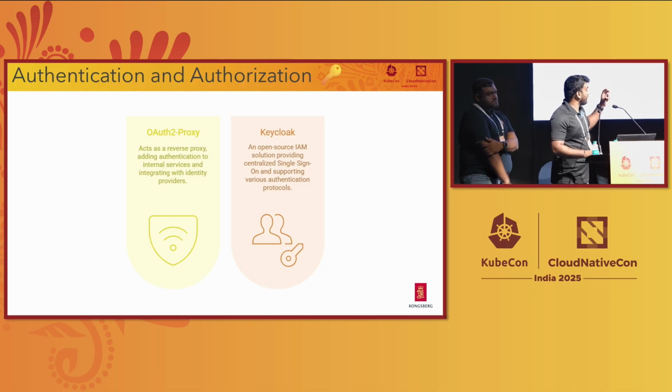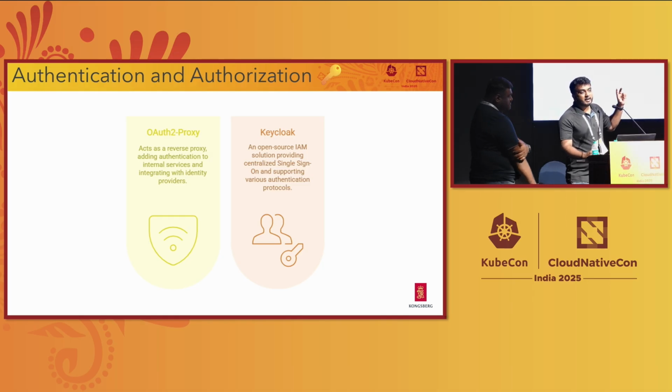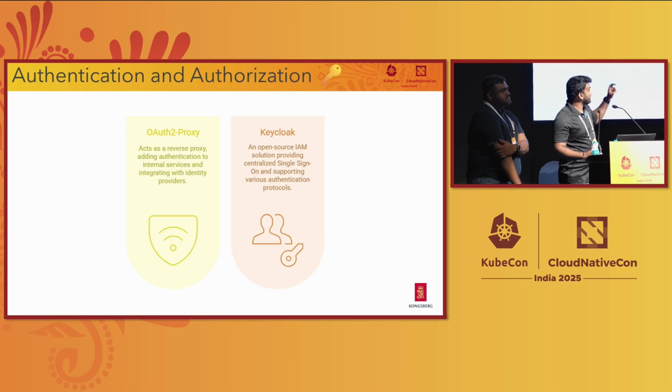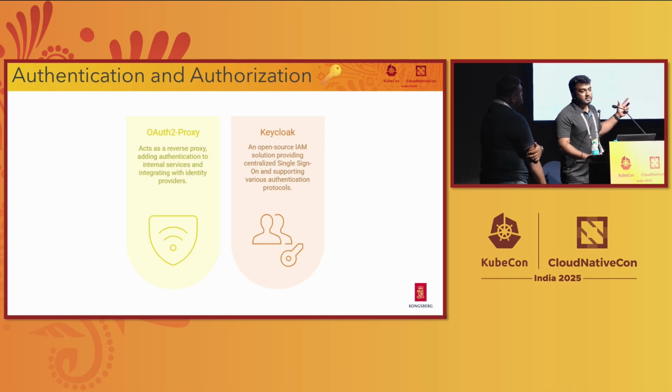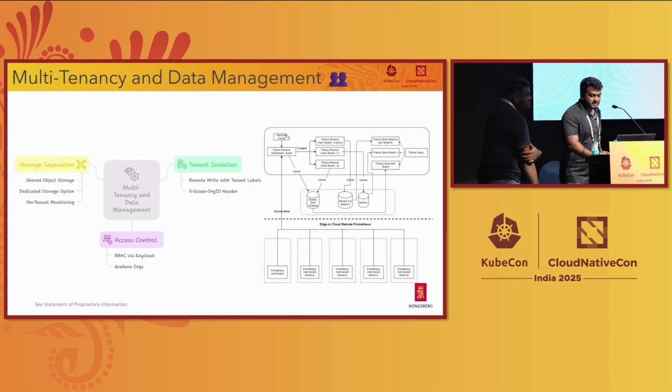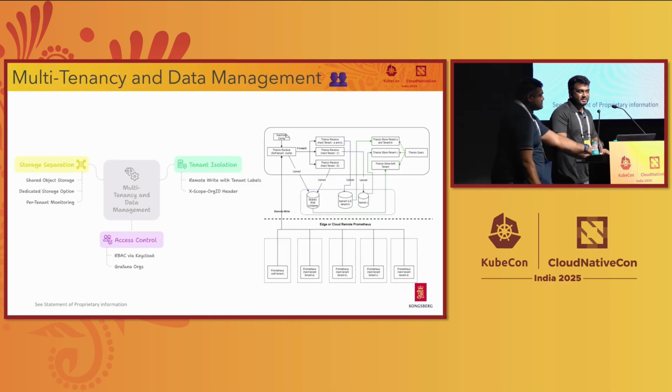We pass the client ID and client secret, which are generated from Keycloak, to generate the JWT token, which we will showcase in a few slides from now. And we use Keycloak to authorize the request and to maintain fine-grained access. With this, I would hand over to multi-tenancy.